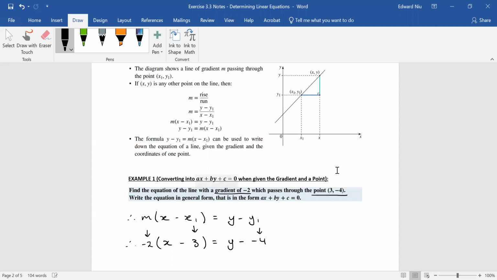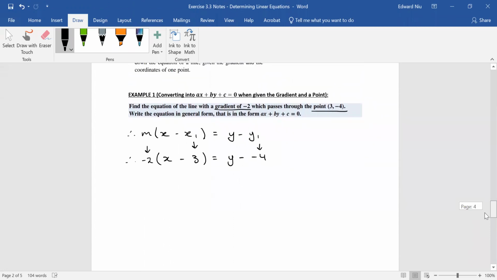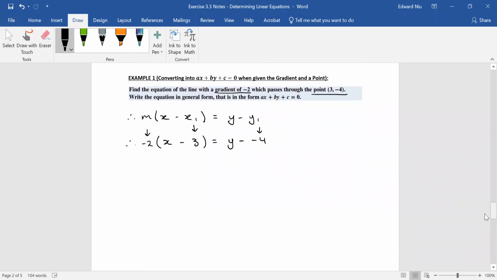Once we've substituted these values in, we can expand out the brackets on the left side, where we have -2x plus 6, because -2 times -3 gets us +6. On the right side, we've got y plus 4.